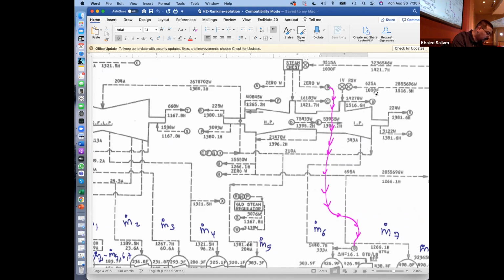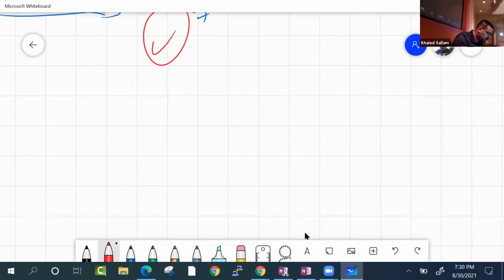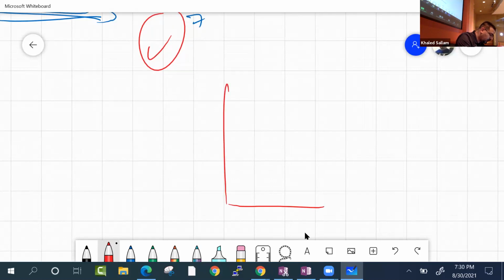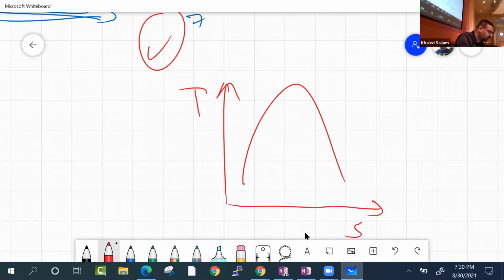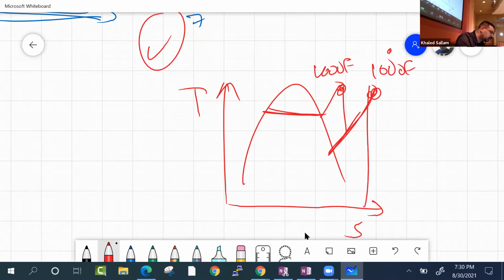On the TS diagram, this cycle, TS for power cycle, BH for refrigeration cycle, right? So you came here at 1,000, expand a little bit, and then you go again when you come to 1,000, then you expand it.